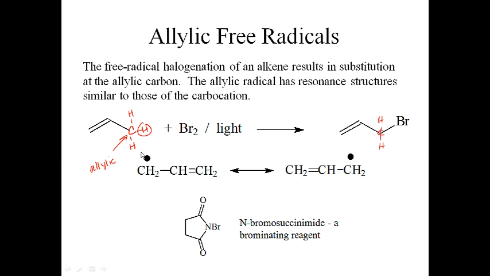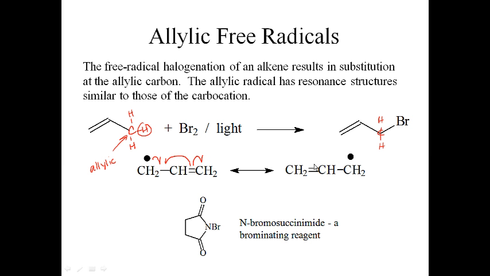The allylic radical turns out to be stabilized by a number of different resonance structures that you can draw. So for instance, if I take this allylic radical and I split this double bond up and give each carbon one unpaired electron, and then pair up the unpaired electron on the center carbon with the one on the left, I can form a double bond.